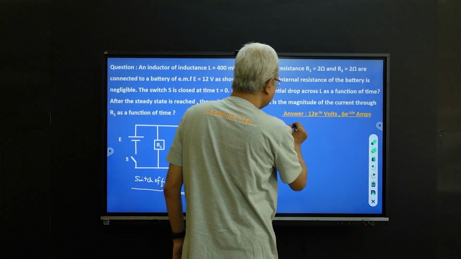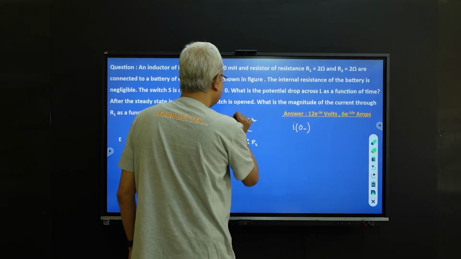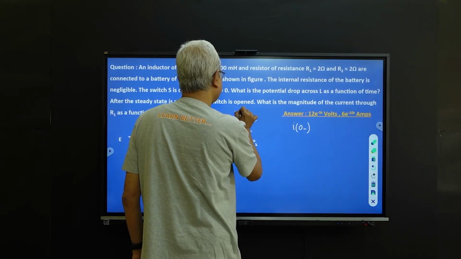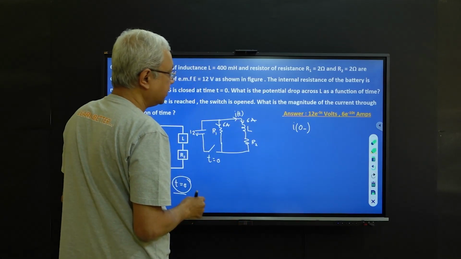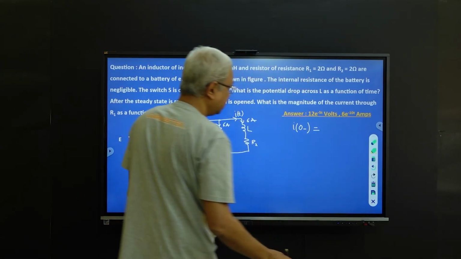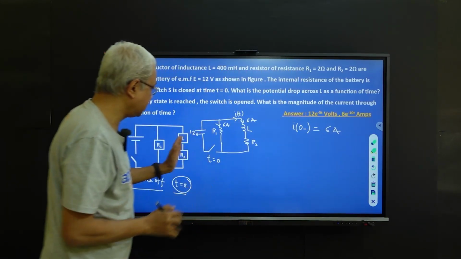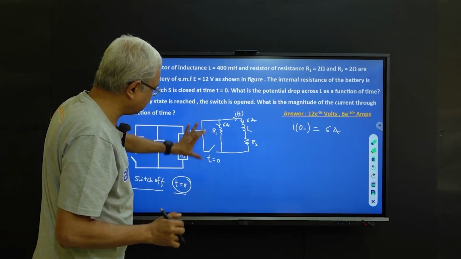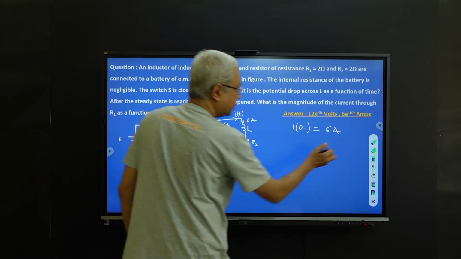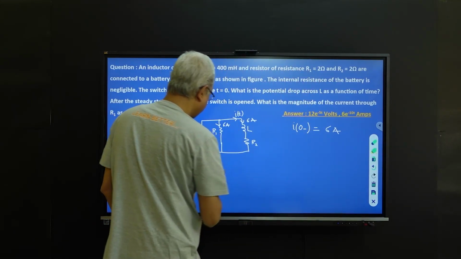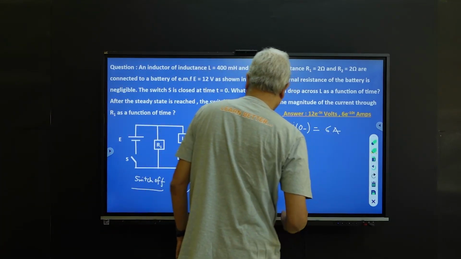So just before switch off, what was the current through this part? If I call the current through this inductor i(t), then i(0 minus) is how much? It is 6 ampere again. Because just before switch off, the circuit was like this, and in both the branches 6 ampere current was flowing.